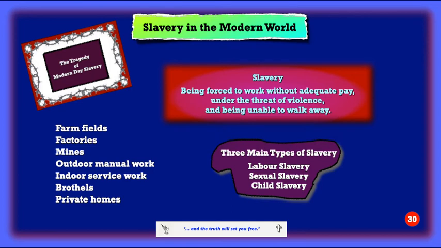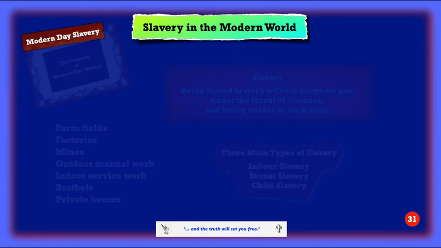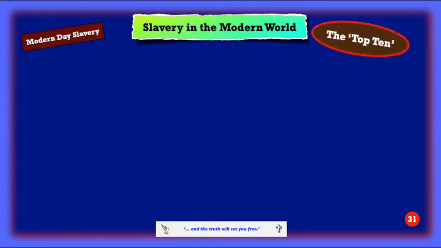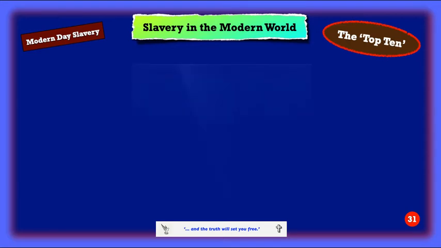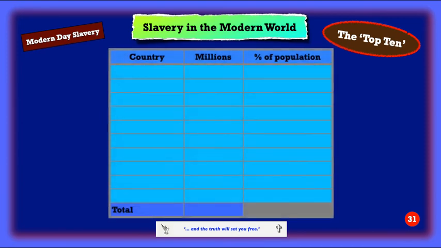I'm going to divide this into three broad categories. Slavery that's labour slavery, sexual slavery or child slavery. If we look at the top 10 countries, and I'm doing it by numbers, and we'll look at the percentages of the population, this is where it's worst in the world today. Now this data was gathered a few years ago.